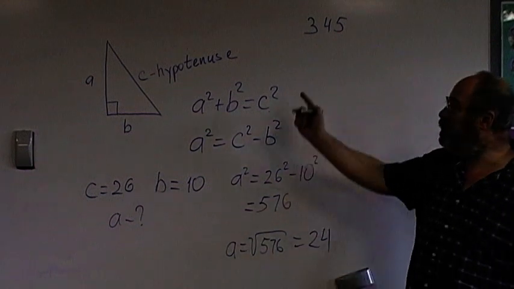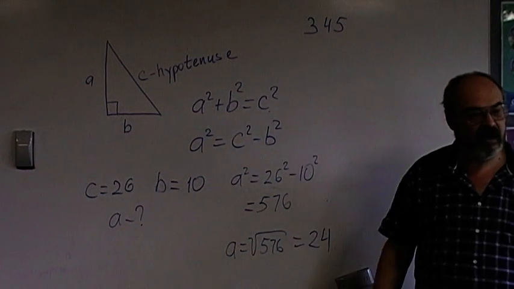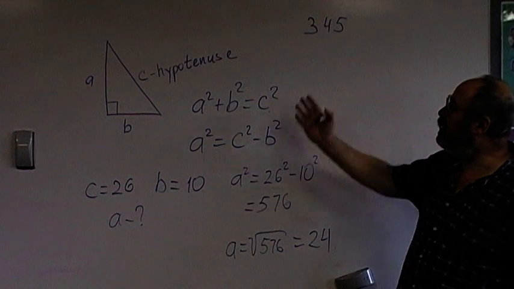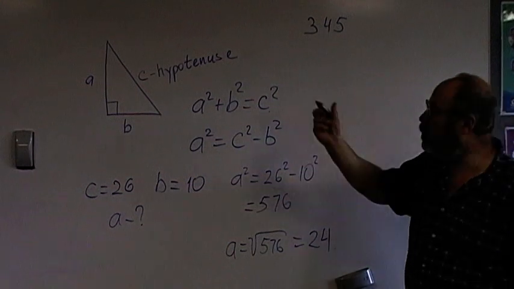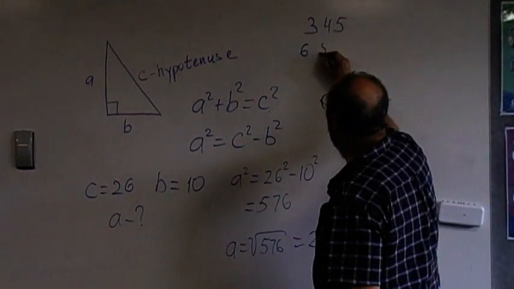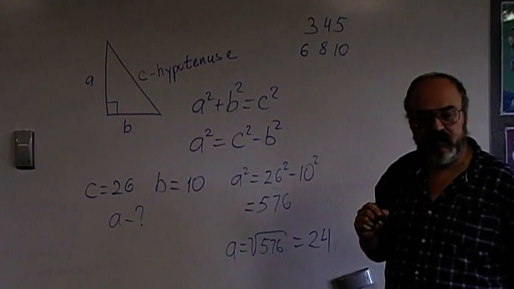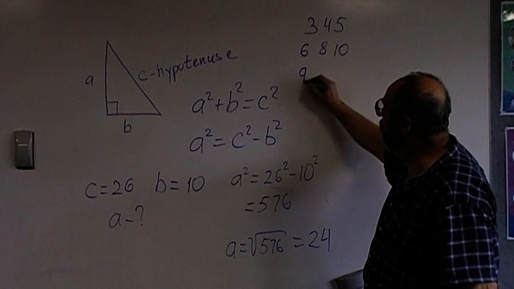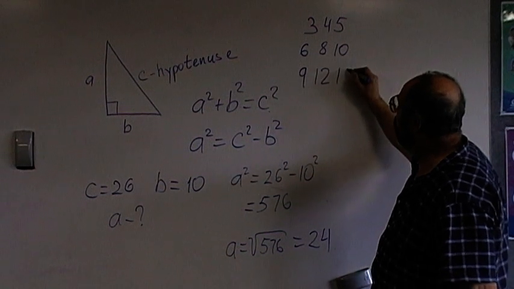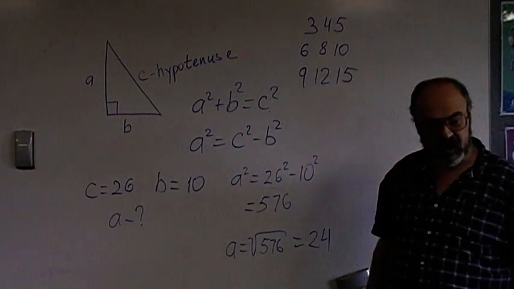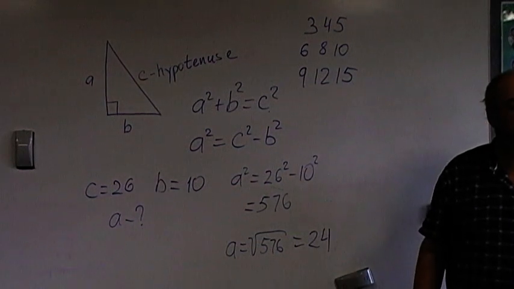So those sides will make a right angle triangle. If you double those numbers, 6, 8, 10, they will be a right angle triangle as well. If you triple them, you get 9, 12, 15, still a right angle triangle.